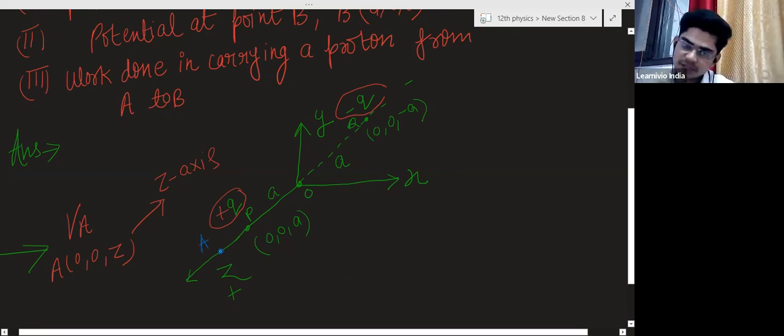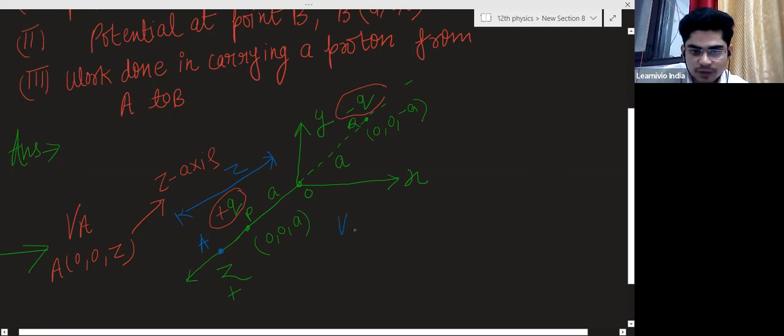It means that this point A is at a distance of z from the origin, z from the center of this dipole. So this is the axial point of this dipole; this point lies on the axis of this dipole.